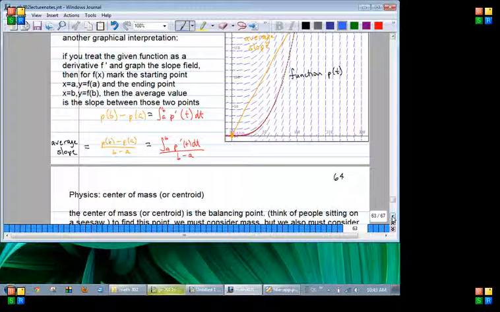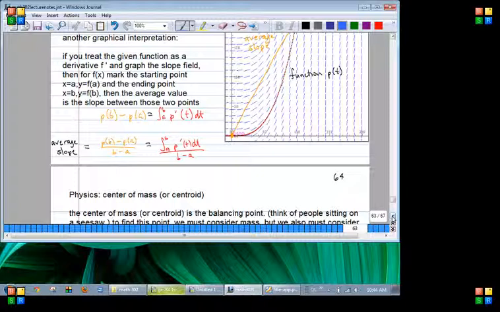But what if you have an irregularly shaped object? What if you have, let's see, a computer mouse. A computer mouse isn't that symmetrical. So where exactly is its quote unquote balancing point, which we're going to call the center of mass?